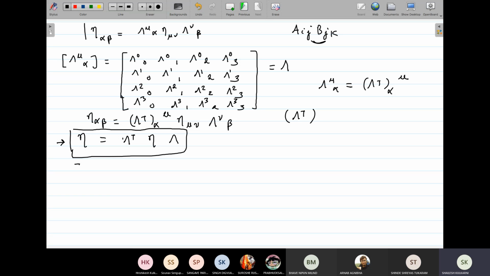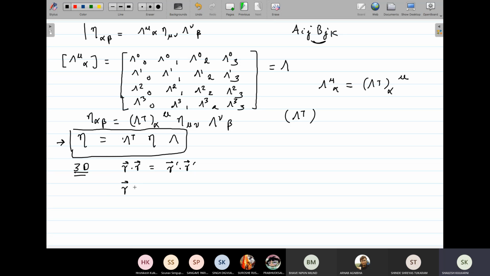In your usual 3D, how do you define rotation? Rotation is the transformation which leaves distance unchanged. That means r dot r must be the same as r prime dot r prime.